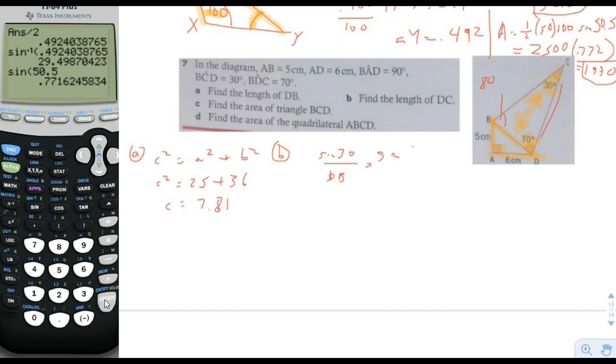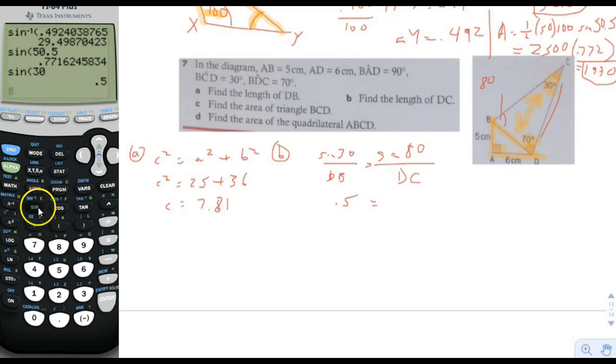So we'll do sine of 80, and then we'll put DC. Sine of 30, I think it's 1/2. Yeah, it is, 0.5. Sine of 80, no idea. Something close to 1. 0.985.